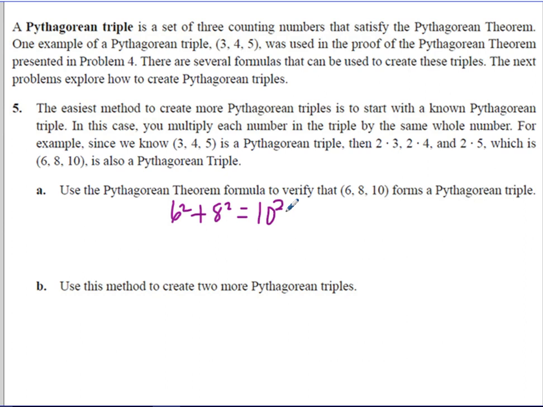Again, that longest length has to be your hypotenuse value, or C. So that's why I knew that 10 was going to be by itself across the equal sign. 6 squared is 36. 8 squared is 64. And 10 squared is 100. And if we add 36 plus 64, we will get 100.